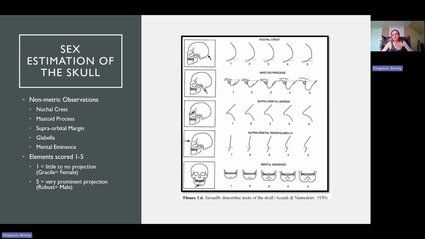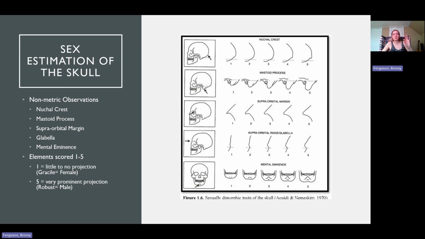Now, you do have to be careful because, again, observer bias is a very real thing, and maybe you've just seen that the remains look very tiny and you just want to assume that it is a female. Well, you can't do that because oftentimes young boys, young men, are misidentified as female by just making those assumptions.